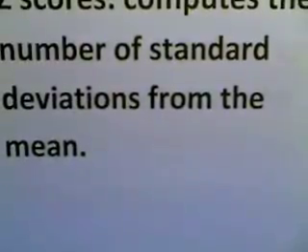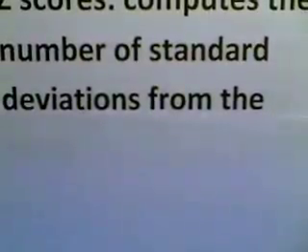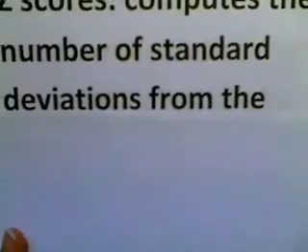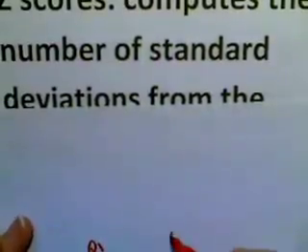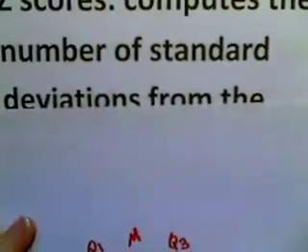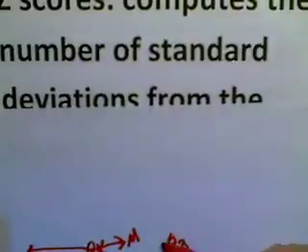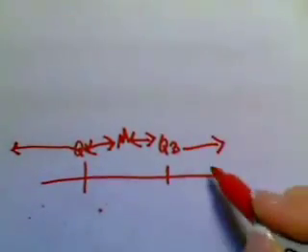In dealing with the box and whisker plot, we talked about quartiles, and remember that's where we take our data and we divide it so that a fourth of it is below, a fourth of it between quartile 1 and the median, a fourth of it between the median and quartile 3, and a fourth of it above quartile 3.